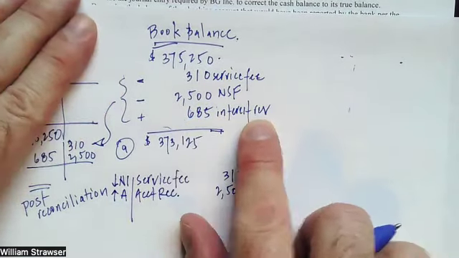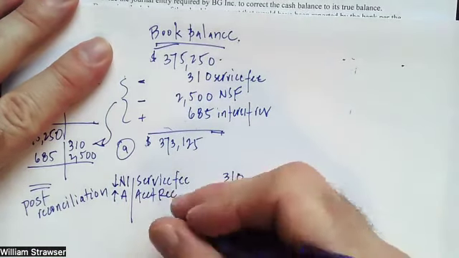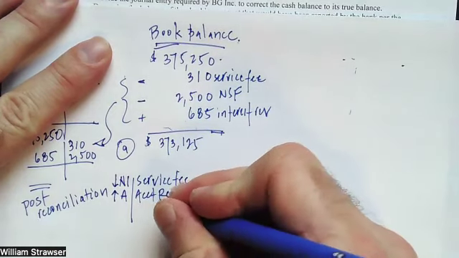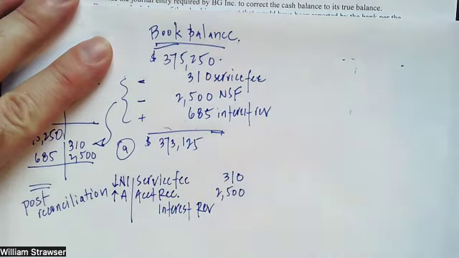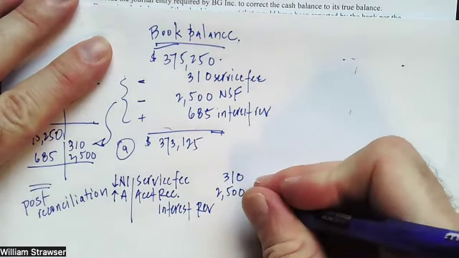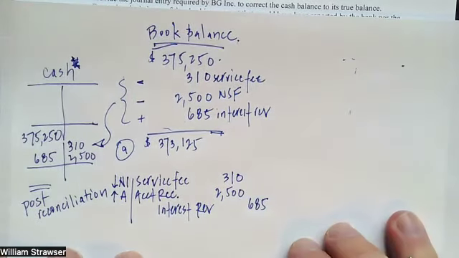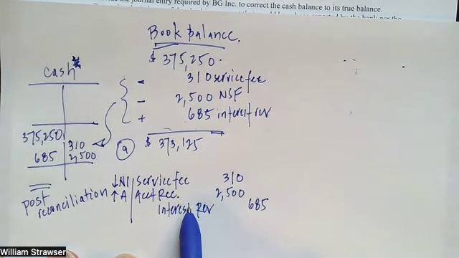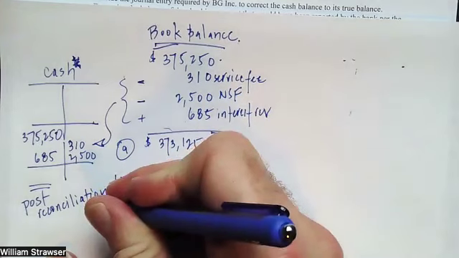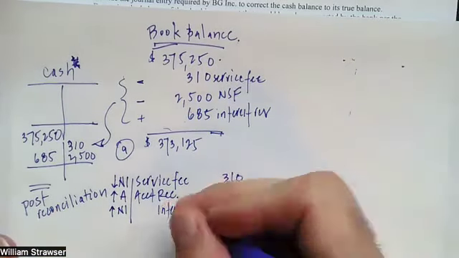The interest revenue debits cash and it credits interest revenue, because that was earned by the company by holding their cash in the account. So that's $685. And then when I do these entries, I identify the non-cash parts of the entry, and then I just lump all of the cash effects into one amount.